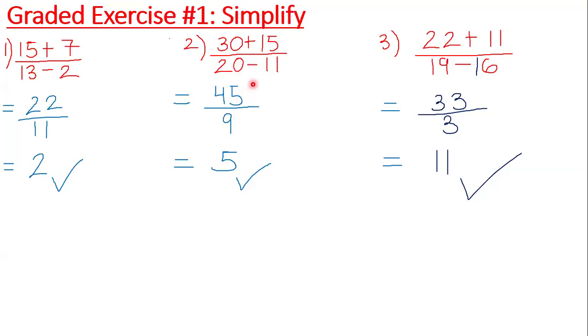Why are we subtracting by 11? Because it says right there, 20 minus 11. Oh, they give you what to subtract by? Yeah, for the top you add 30 plus 15 to get 45, and the bottom, 20 minus 11, is 9. I thought I had to figure out what to subtract by. No, you subtract the bottom, it's a subtraction problem.